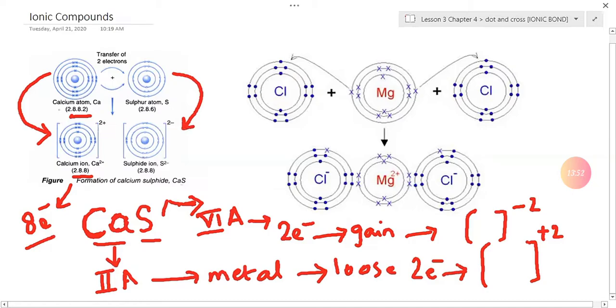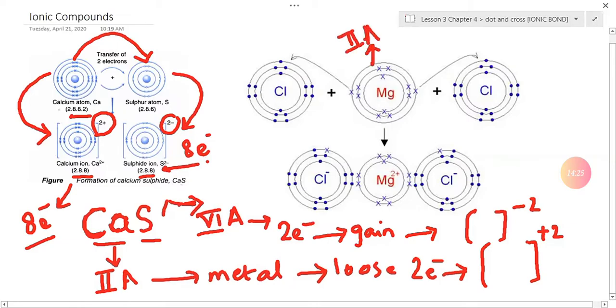And similarly sulfur changes to sulfide ion, and the 2 electrons which are lost by calcium are gained by sulfur, and it forms a -2 type of anion, and calcium forms a +2 type of cation. Look at the electronic configuration of sulfide. Octet is completed by the end of this bonding. So stability is successfully attained. Once again, the whole game is about stability.